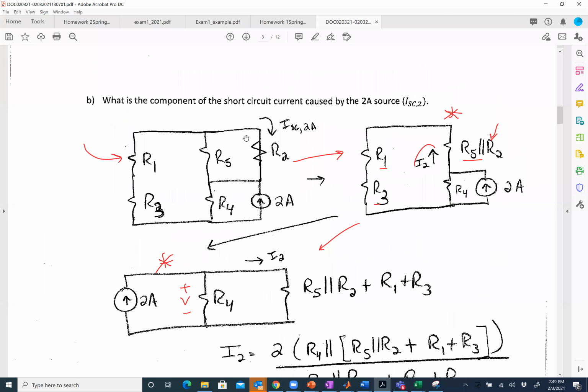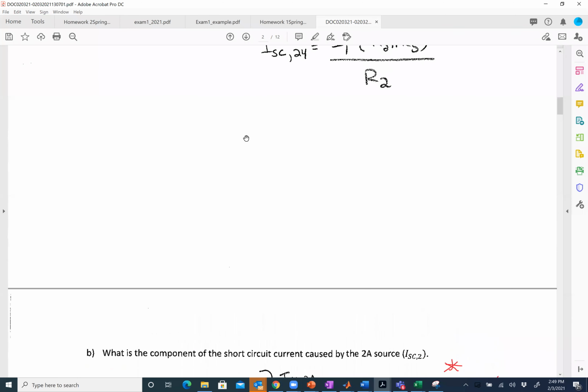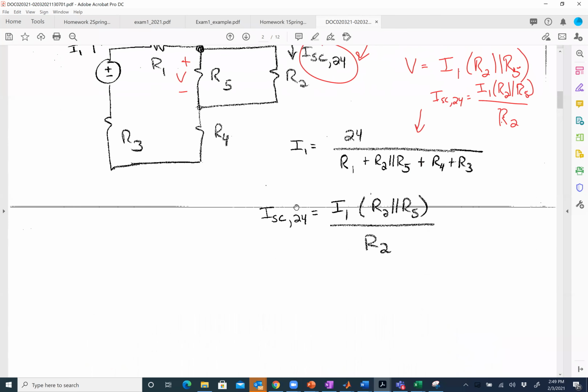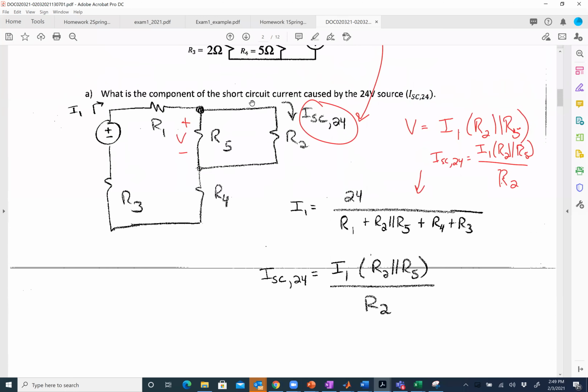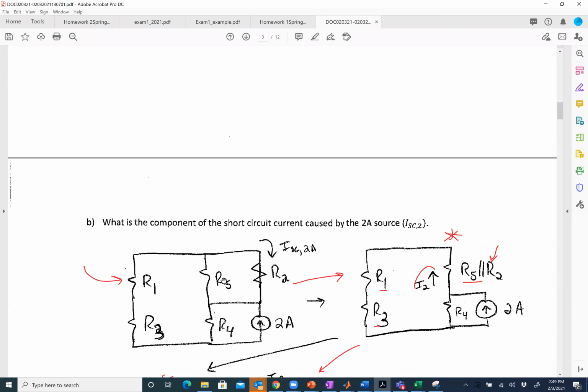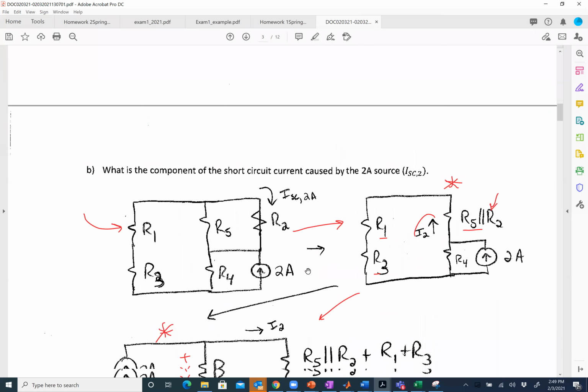Well, they were in the first case too, right? They were parallel here, and they're parallel here, and they're parallel in both cases because the voltage across them is the same. That's the reason.